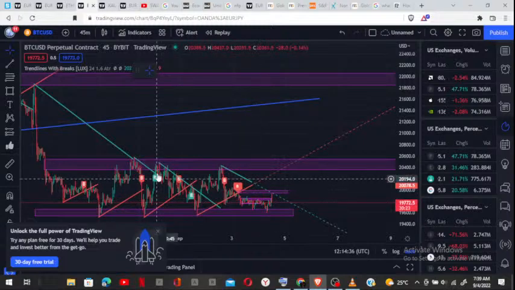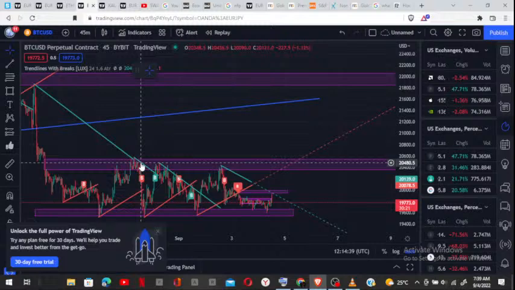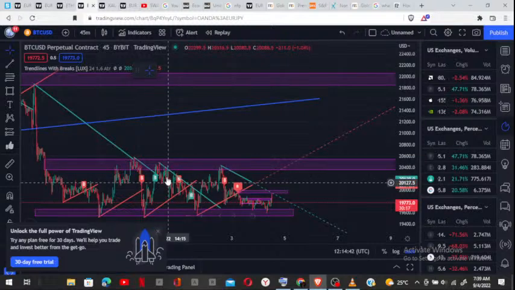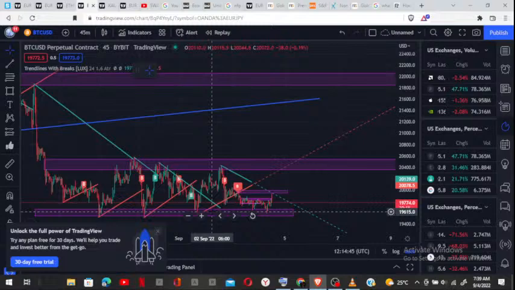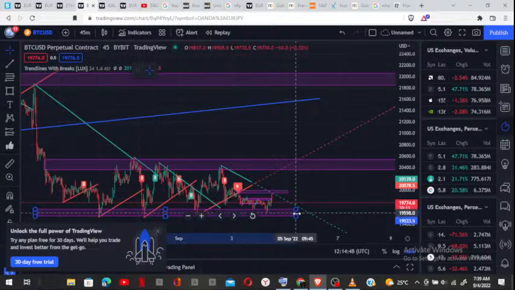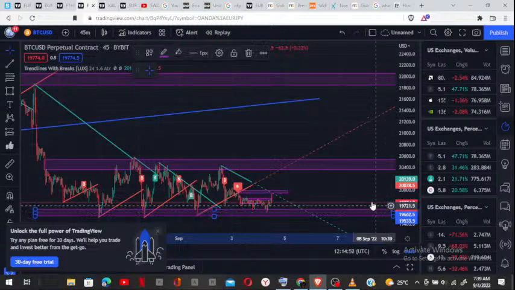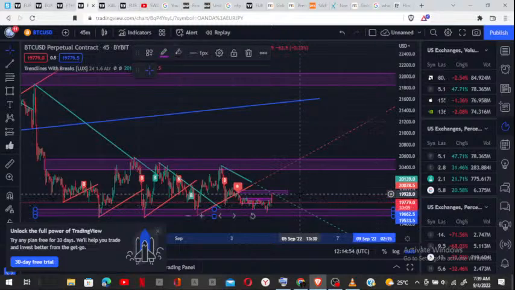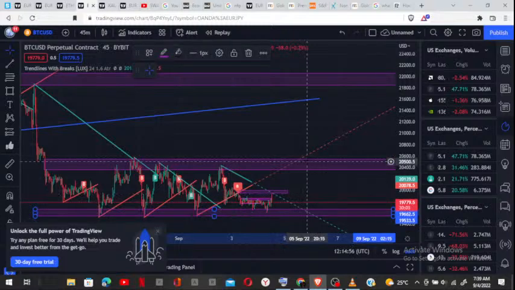So this is just an overview of what's happening within the 45 minutes time frame. You can see we have this zone over here and this zone over here, and within these reaction levels, we'll see if we are going to be buying Bitcoin or selling more Bitcoin.